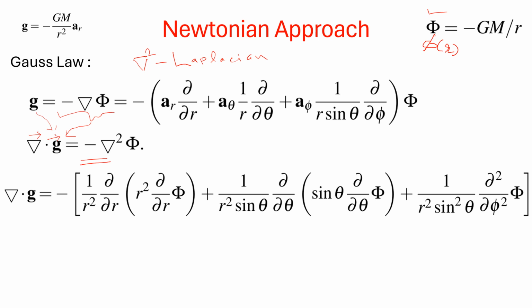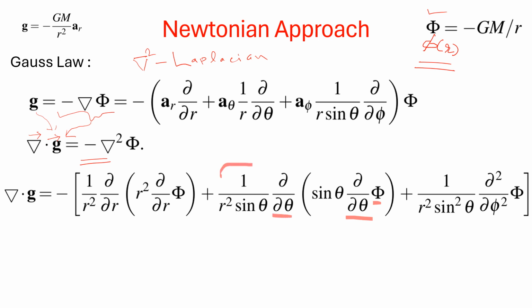And you very clearly know that phi is a function of r alone. It does not depend upon theta and phi. So these derivatives, d d theta of phi, will be 0, and its further derivative with respect to theta.